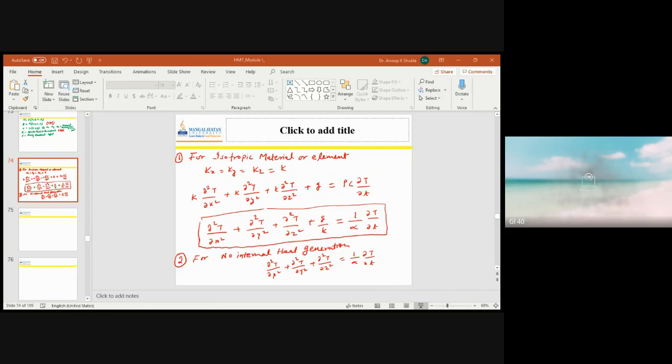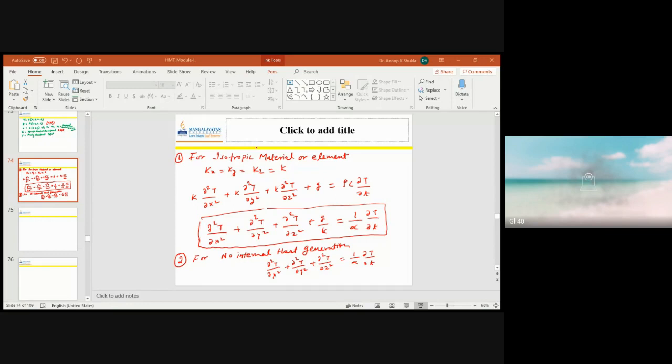So now the third case is the steady state condition. What is the meaning of steady state condition? When the temperature does not vary with time, so ∂T/∂τ is equal to 0.